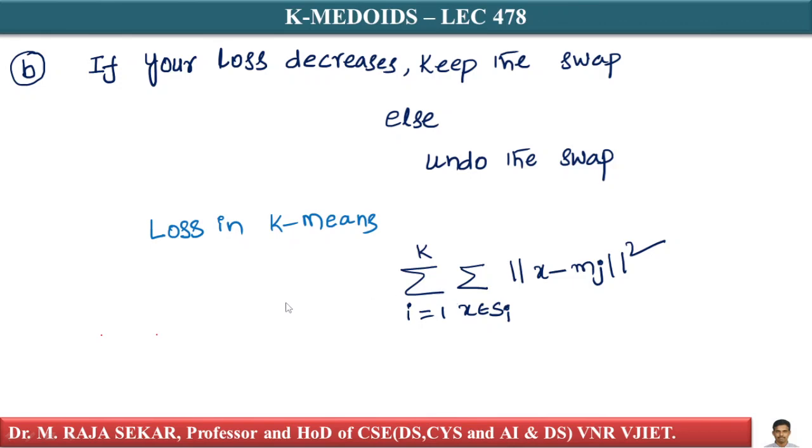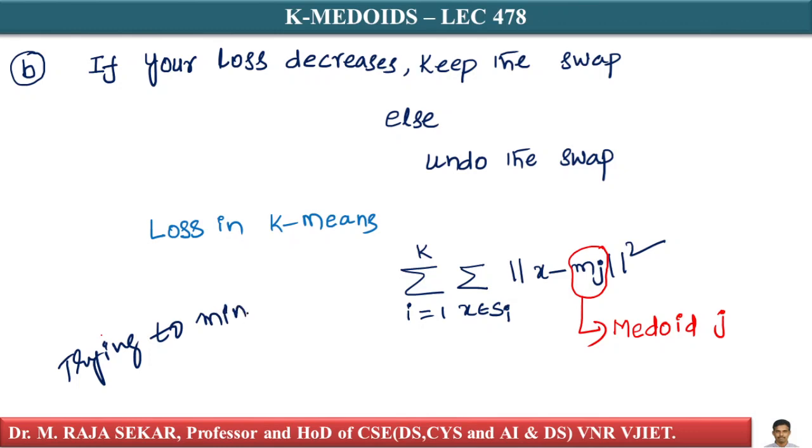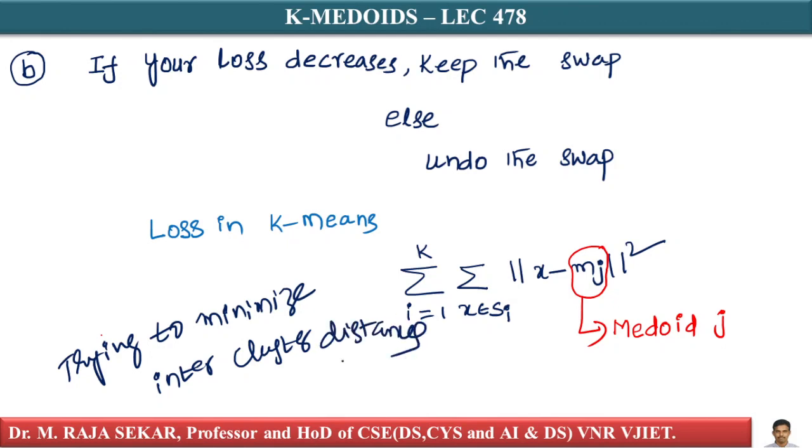By mj, what I mean here is mj is medoid j. You are trying to minimize the intercluster distances, isn't it?